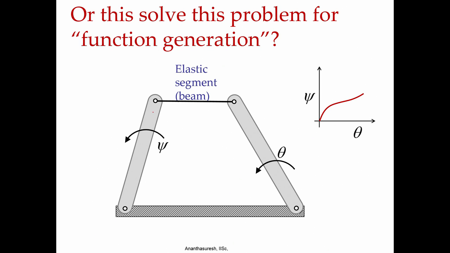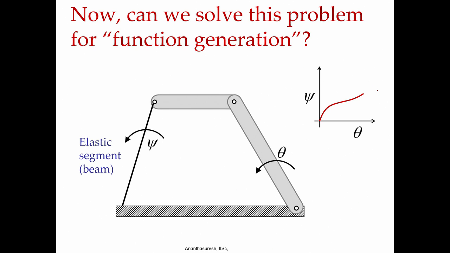They also dealt with two rigid bodies, and here is where the elastic segment is in the middle. Then again you can generate different functions. The previous one will have certain capability, this is another capability in terms of the kind of functions it can generate.